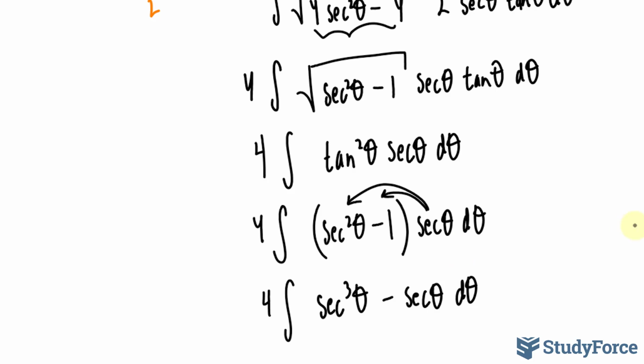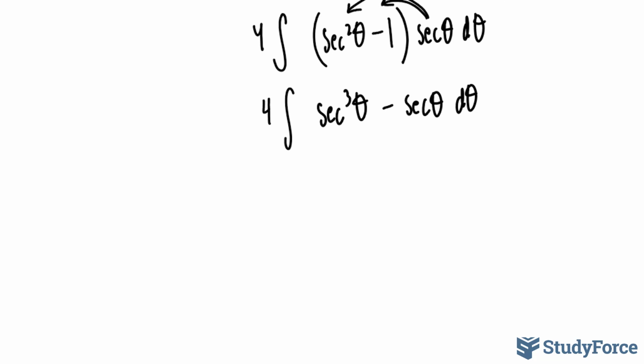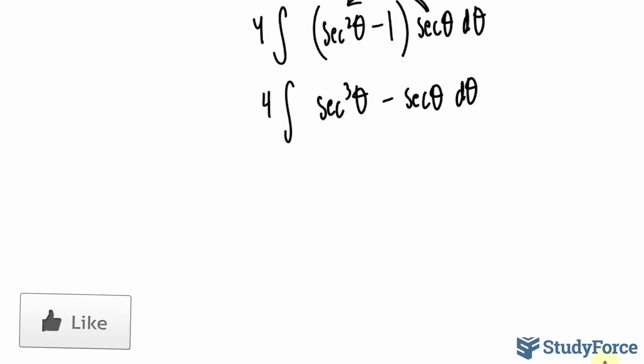I do have a video on how to integrate secant cubed theta and secant theta. Feel free to do a search for those. So with that in mind, I won't go through the integration of these two individually. Instead, I'll just tell you what their integrals are.